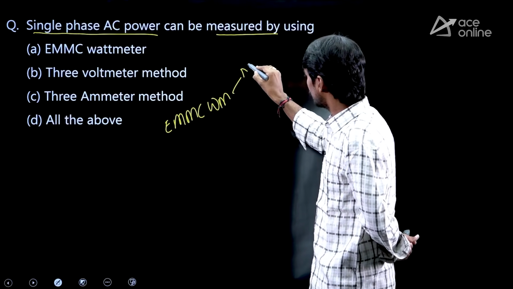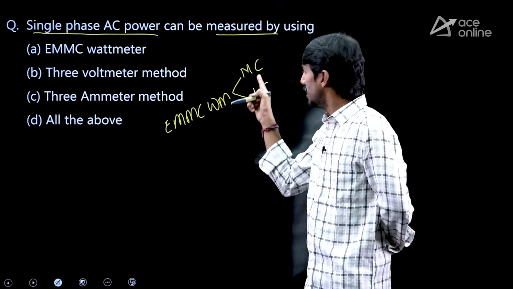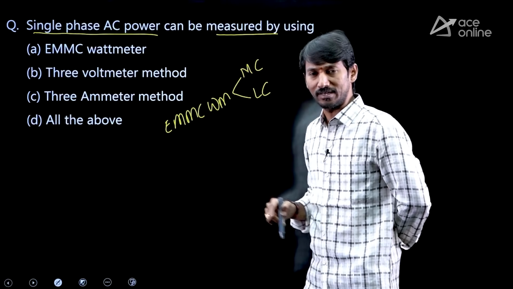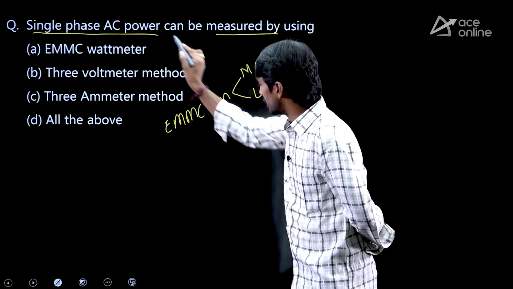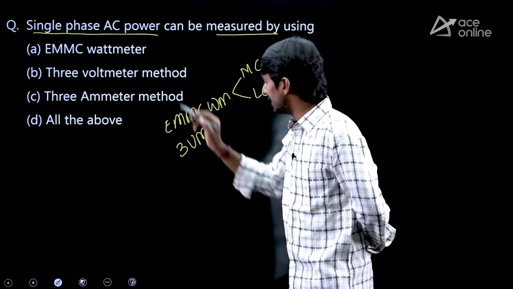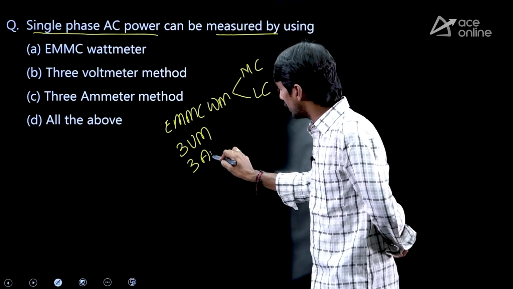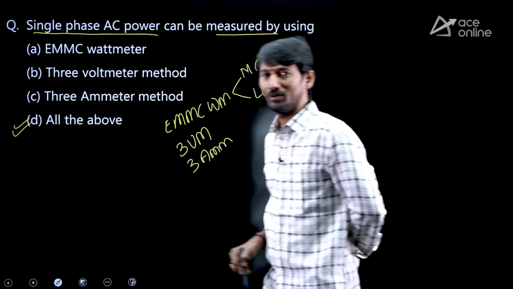One is MC short connection or LC short connection, that is, potential coil is on supply side or potential coil is on load side, that is correct. So therefore first is correct. 3 voltmeter method is also there, so second is correct. 3 ammeter method is also there, so therefore all are correct. Answer is all the above.